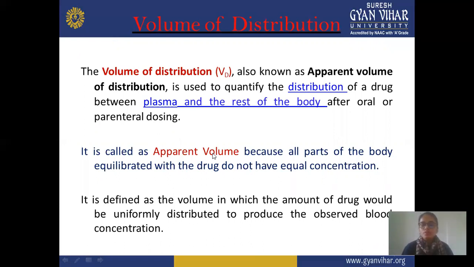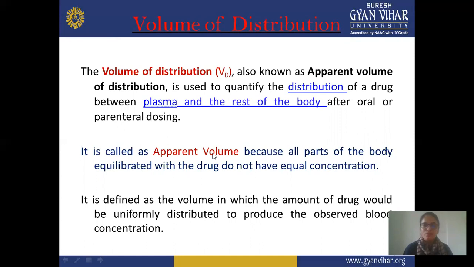It is also known as apparent volume of distribution, a synonym of volume of distribution, and it usually quantifies the distribution of a drug between the plasma and the rest of your body after oral or parenteral dosing.